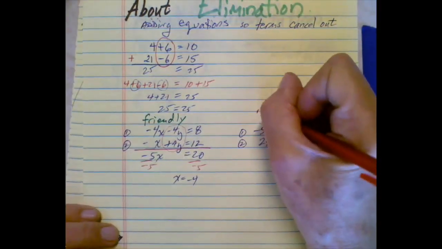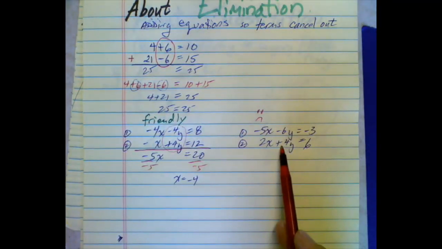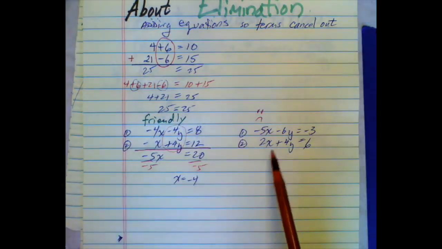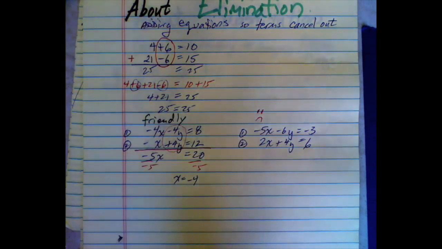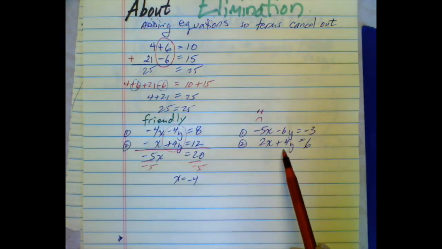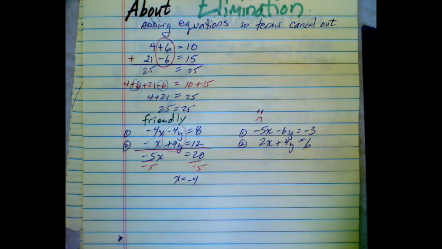Well, let's look at the not so friendly example. Can I just add these together and have a nice situation like this? No, because these are not opposites, are they? So they won't drop out. So what you're going to have to do in this situation is adjust one or both of the equations so that things can drop out.